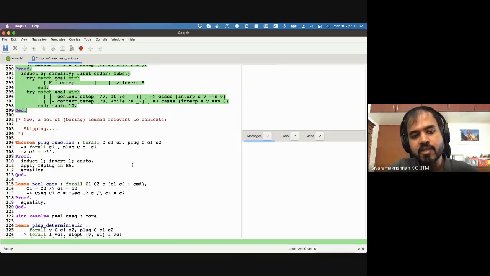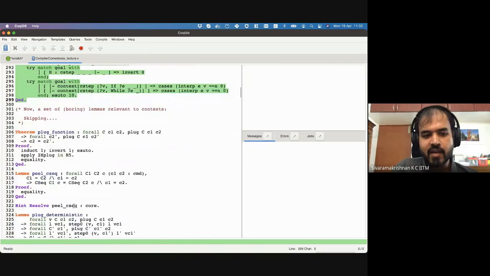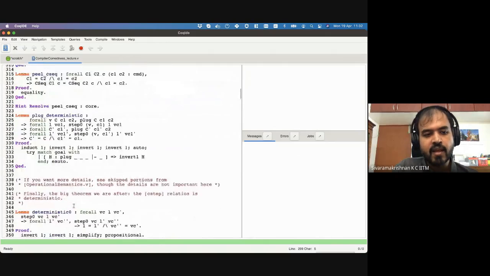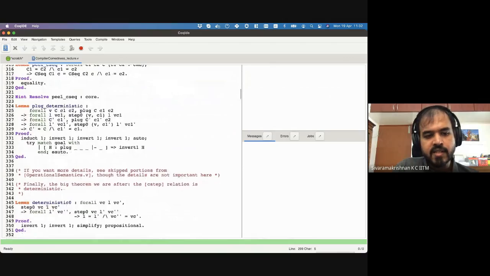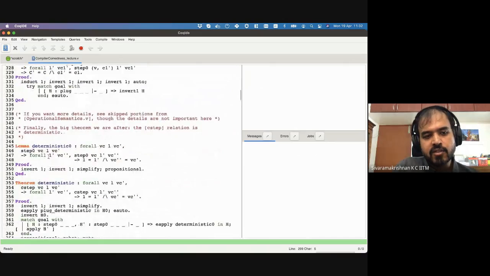Okay, and then there are a bunch of boring lemmas. Again, I'm not going to cover this. They are all in support for this determinism property, right? So the second property that I mentioned is our semantics is deterministic. How do we frame this? For all v, c, l, v prime, c prime, if I can step 0 from v, c with label l to v prime, c prime, right? For all l prime, v double prime, c double prime, which I can also step to from v, c, right?